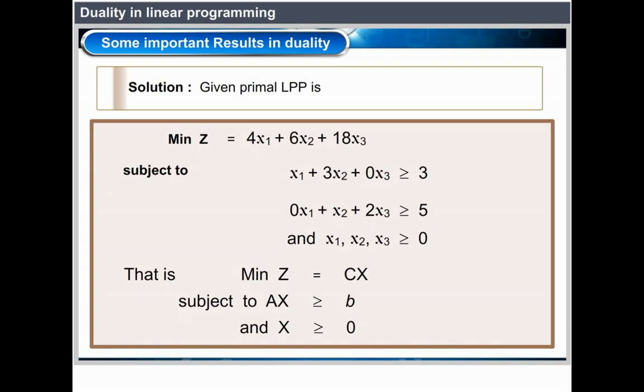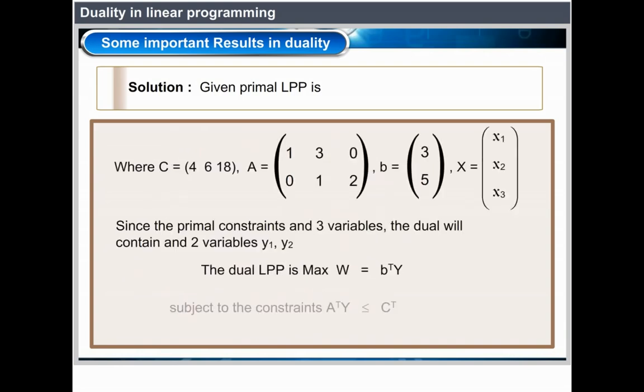That is, minimize z equal to cx subject to Ax greater than or equal to b and x greater than or equal to 0, where c equal to 4, 6, 18, A equal to 1, 3, 0, second row 0, 1, 2, b equal to 3, 5 and then x equal to x1, x2, x3.